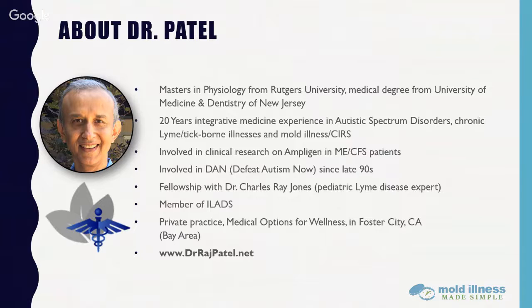I got board certified in 1991, and subsequently, when I was down in San Diego, started getting interested in a more integrative approach, and started exploring functional medicine and using it in my private practice here in the Bay Area, even before the term functional medicine was coined. I worked with a lot of children on the autistic spectrum at that time, and was very active with Defeat Autism Now.